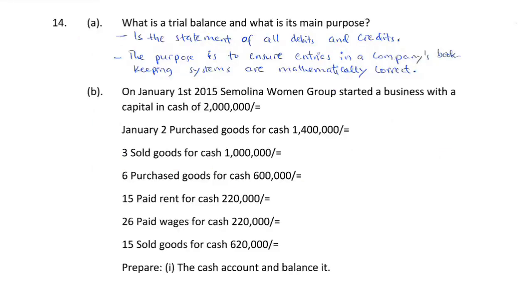Okay, so question number 14, part A. What is the trial balance and what is its purpose? Okay, so the trial balance is the statement of all debit and credit balances formed during the period from different accounts. And the purpose of a trial balance is to ensure the entries in a company's bookkeeping system are mathematically correct.